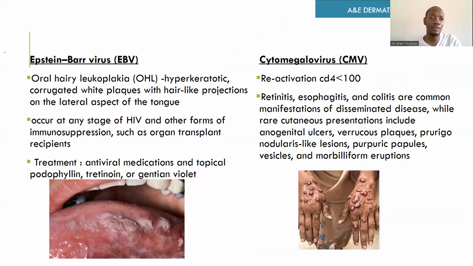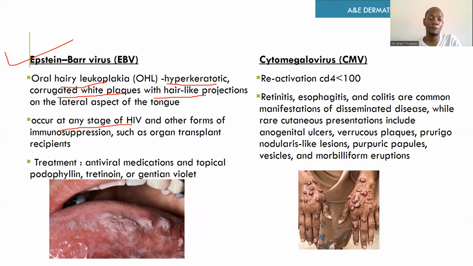So the next one is the Epstein-Barr virus. Usually this one causes oral hairy leukoplakia in people living with HIV, which presents with hyperkeratotic corrugated white plaques with hair-like projections on the lateral aspects of the tongue. It can occur at any stage of HIV, and we've seen it even in clinical stage 1, 2, 3, up to 4.